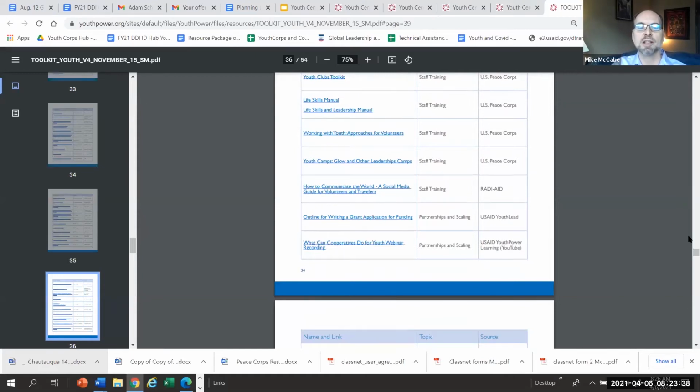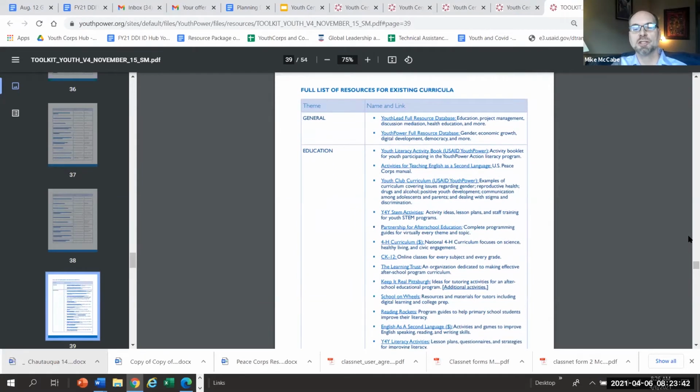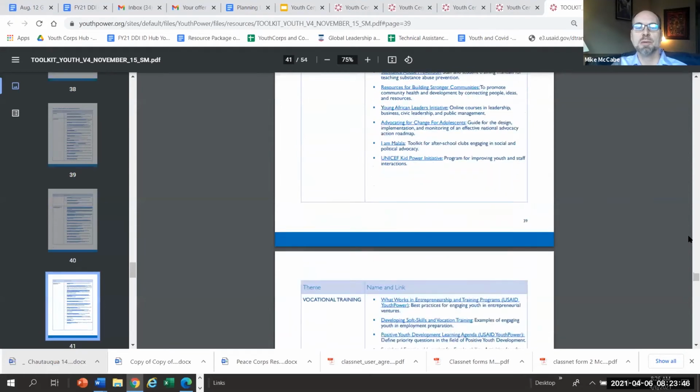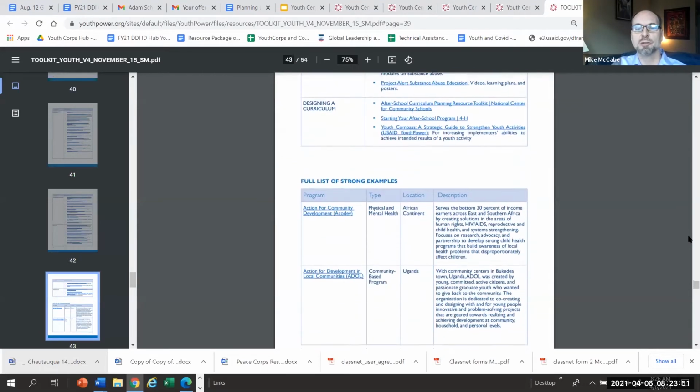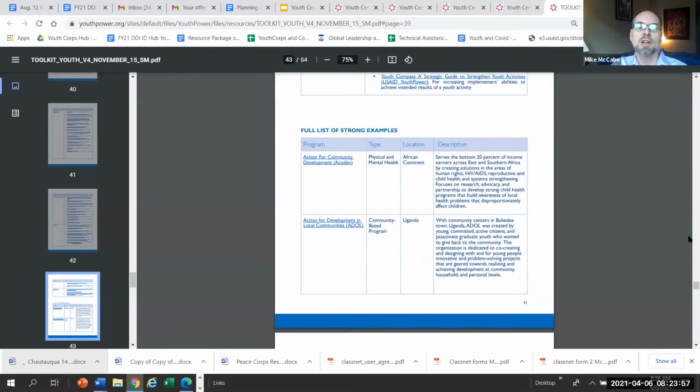Then down in the next section below it, we've got all the curricula broken out by education curricula, by girls empowerment curricula, leadership, vocational training, health, and designing curriculum. And then we have a whole section, thanks to many of you who submitted your best practice example of youth centers.